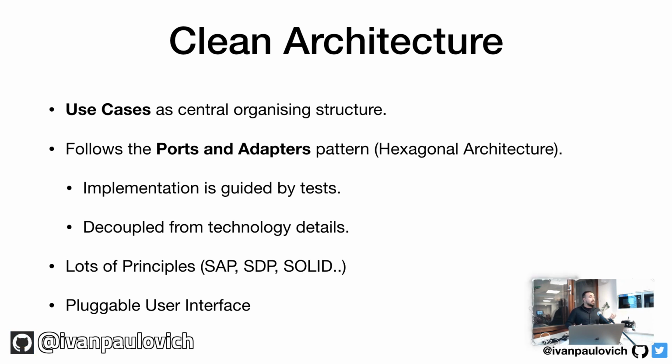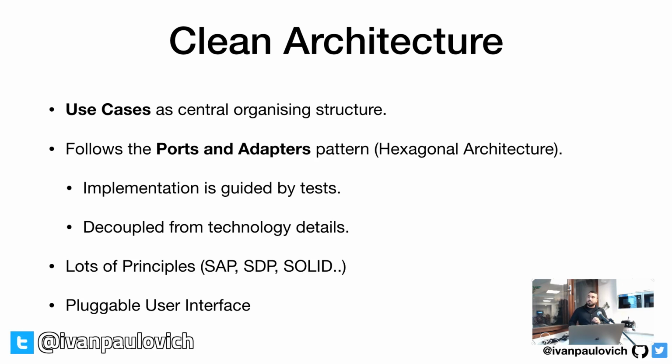The hexagonal architecture is a given, so you need to comply with the hexagonal architecture principles. So implementation guided by tests, decoupled from technology details. The hexagonal architecture is a given to achieve a clean architecture application.